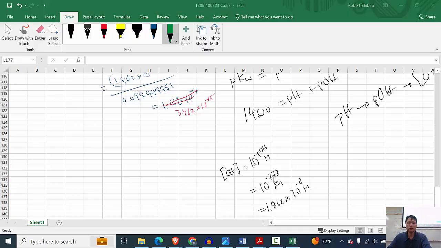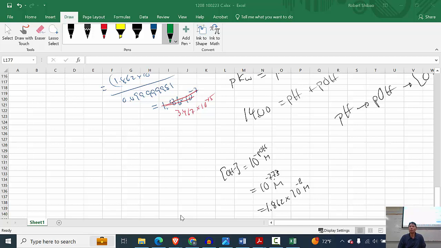Let me show you something. Do you know where all these pH equations work best? At higher concentrations or at lower concentrations? Where do solutions behave more ideally?